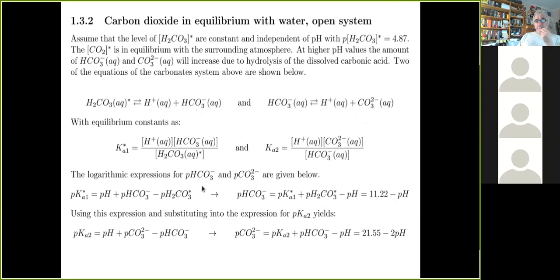This could actually be visualized graphically.